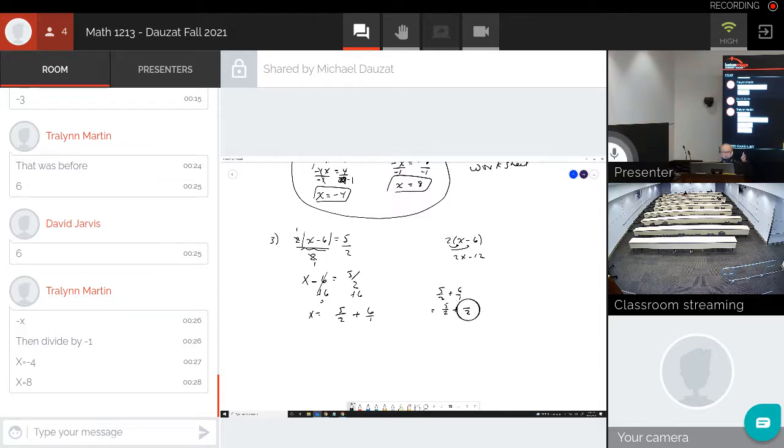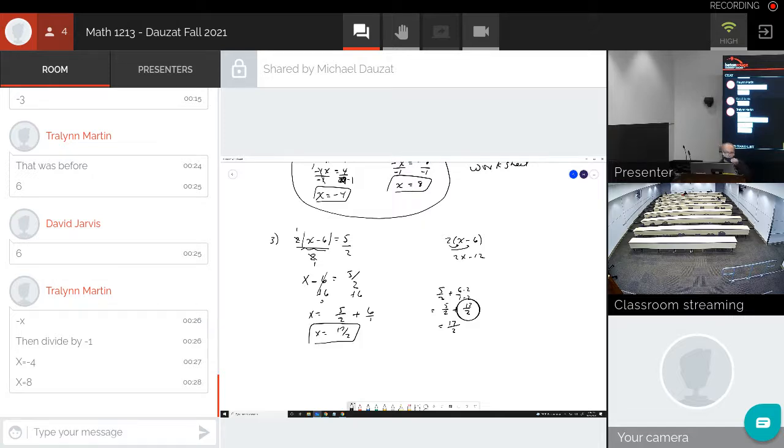Remember what you did: 1 times what is 2? 2. What I do to the denominator, I do to the numerator. 6 times 2 is 12. So 6 over 1 is the same thing as 12 divided by 2. Now, since the denominators are the same, you add their numerators. What's 5 plus 12? 17, and then your denominator is 2. So the answer is x equals 17 halves.